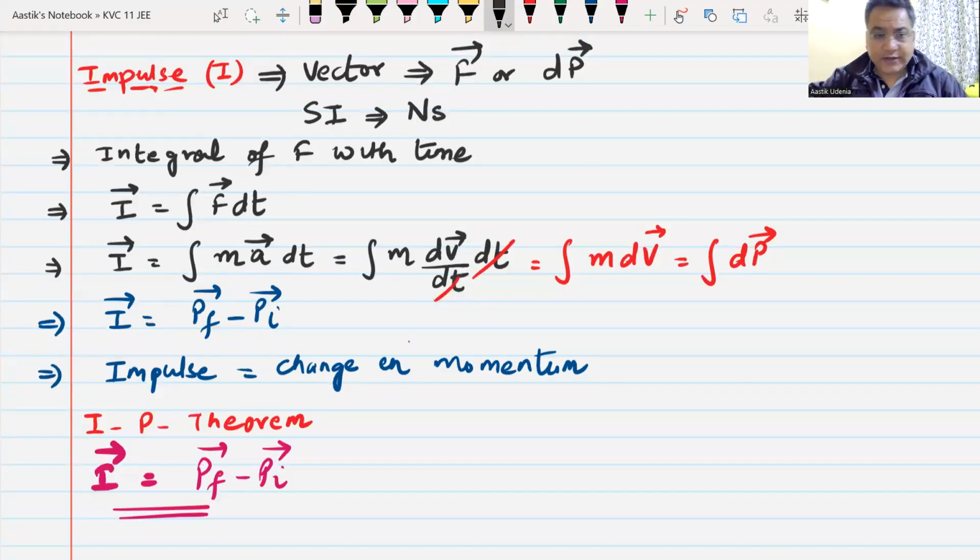So then let's move ahead. If we have a graph between force and time, remember integral means area under graph.